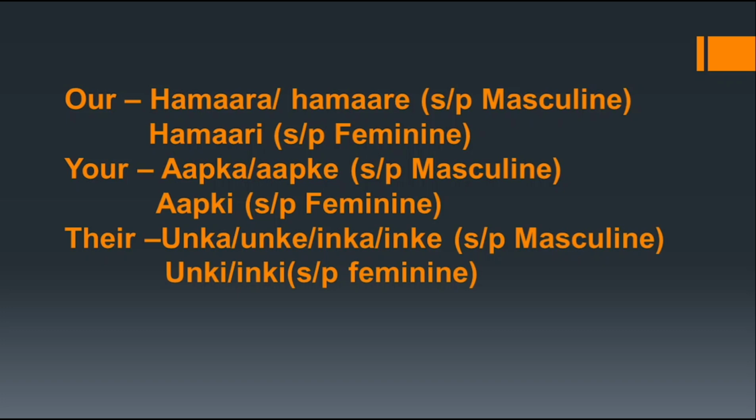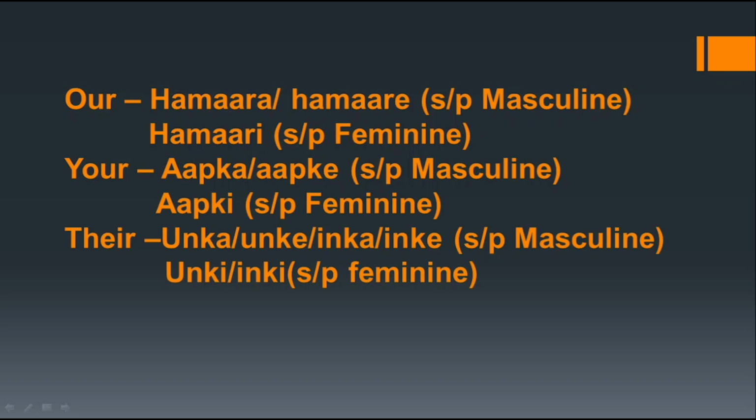Now, there is unka, unke, inka, inke. So, unka or unke, it is for singular plural masculine, I ending for masculine singular, and a ending for feminine. Masculine plural. Now you can think, what is this inka and inke?